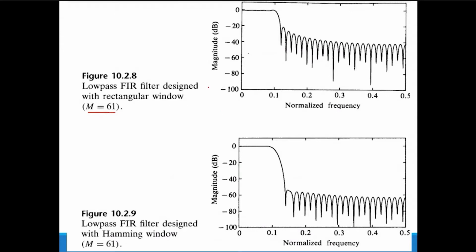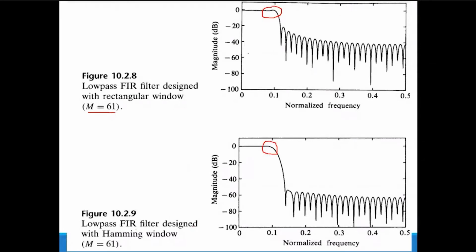Here you are getting a larger number of ripples. Compared to this, here you can see only some little ripples, not more, and you are getting a smooth response. This is the low pass FIR filter designed with the Hamming window.